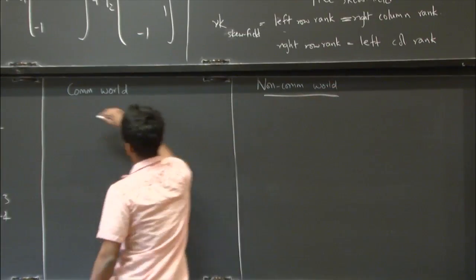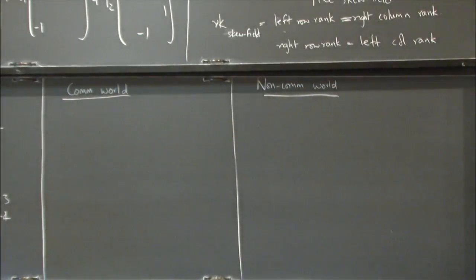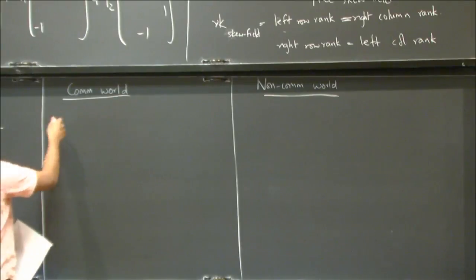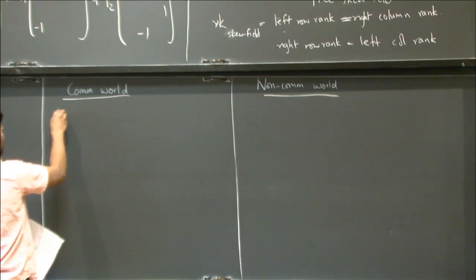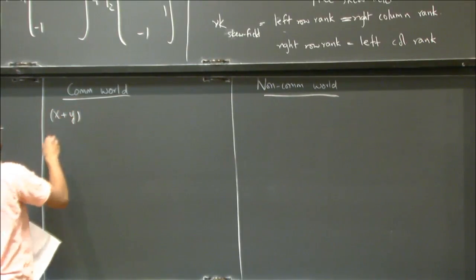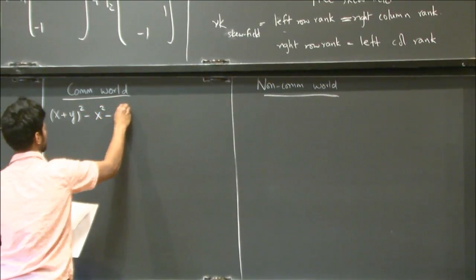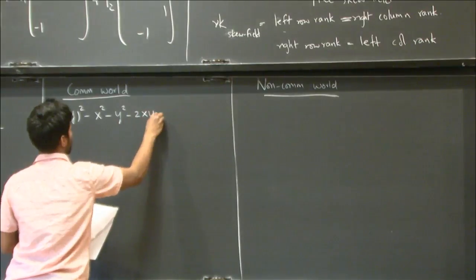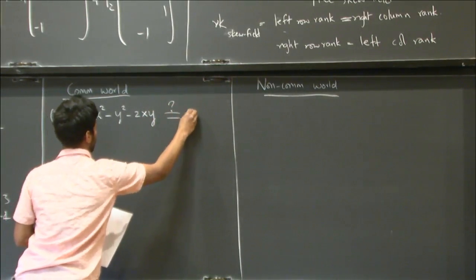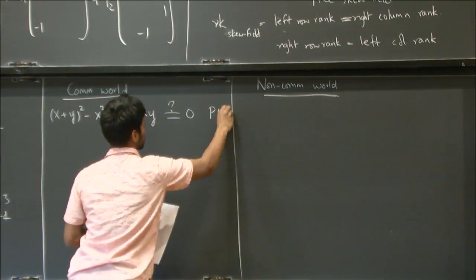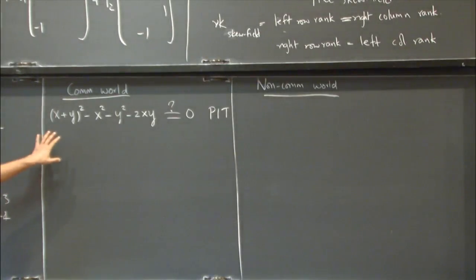Some of you may be familiar with this side of the story. So in the commutative world, you have what are called polynomial identity testing problems, which is, maybe somebody gives you something that looks like this and asks you, is this 0 or not? I don't want to be too rigorous about how exactly this is given.